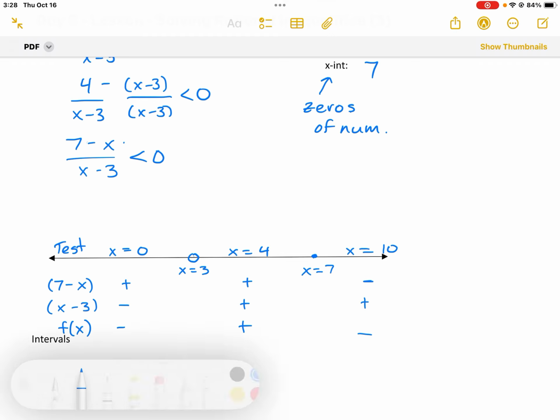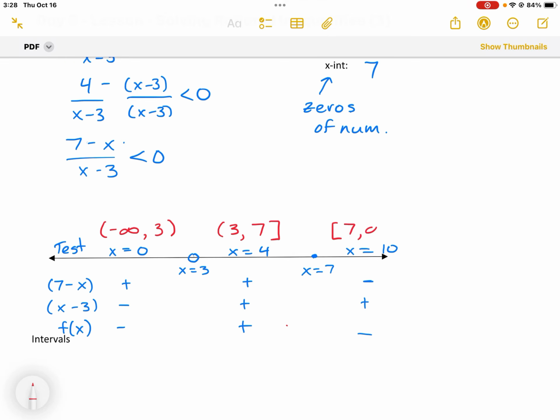So where I've written x equals 0, this is actually going to be the interval from minus infinity all the way up to, but not including 3 because that is my asymptote. In the middle here, this is 3 to 7, including that value because that's an x-intercept. And then on the right-hand side, I've got 7 to positive infinity.